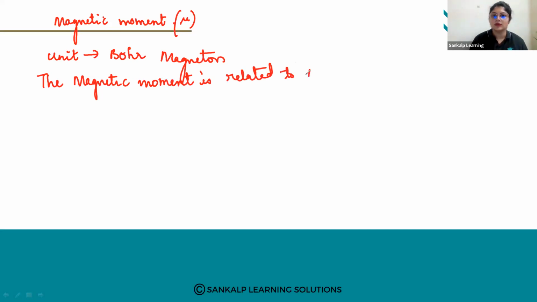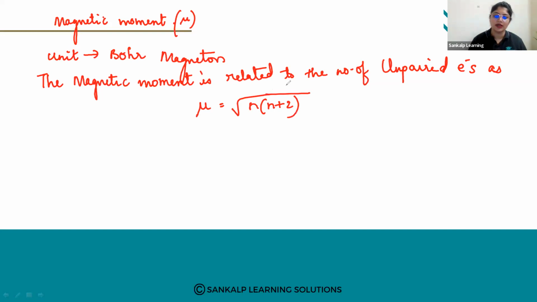related to the number of unpaired electrons, as mu is equal to root of n into n plus 2. This is the formula where n is the number of unpaired electrons.